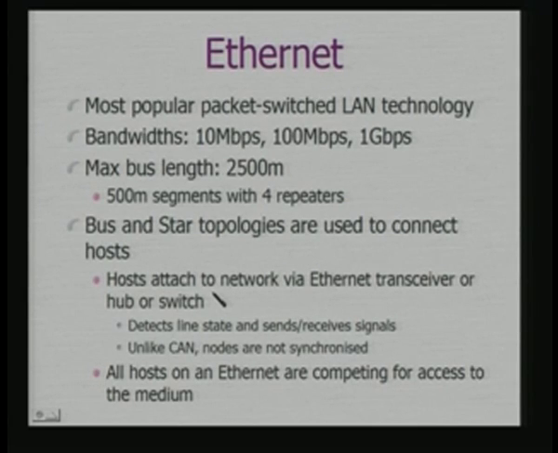Therefore, all the hosts connected via the bus can listen to what is going on in the bus. So, a host can detect line state, that is the state of the common line connecting the hosts, and accordingly decide to send or receive signals. But what is fundamentally different from CAN is that nodes are not synchronized with respect to a universal clock.